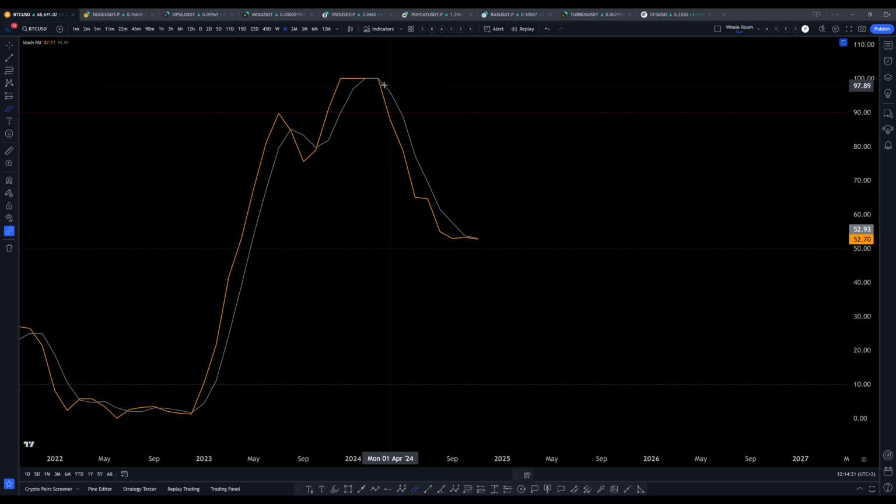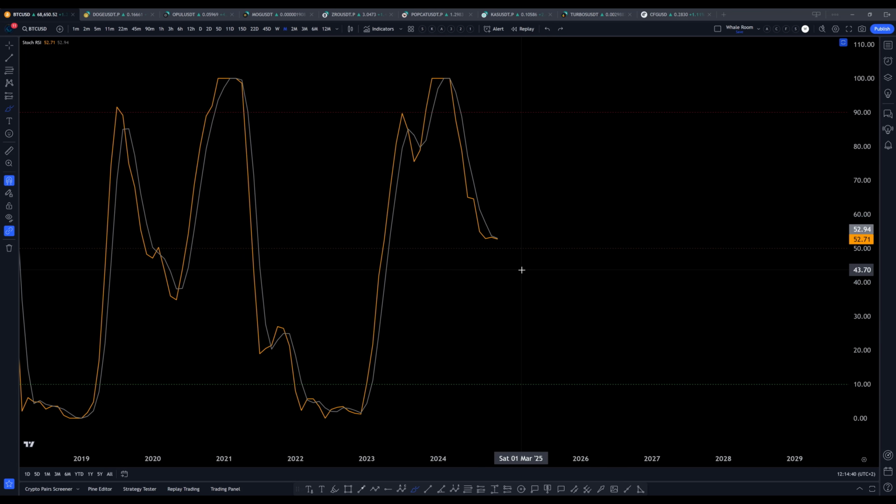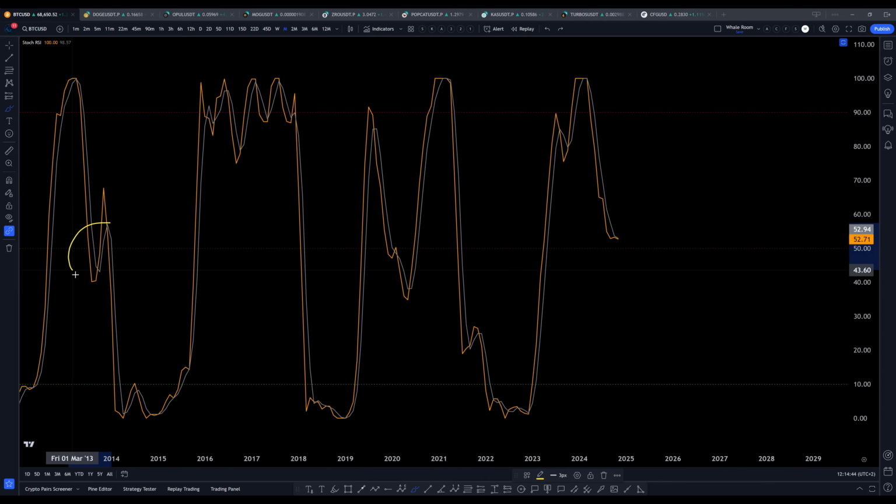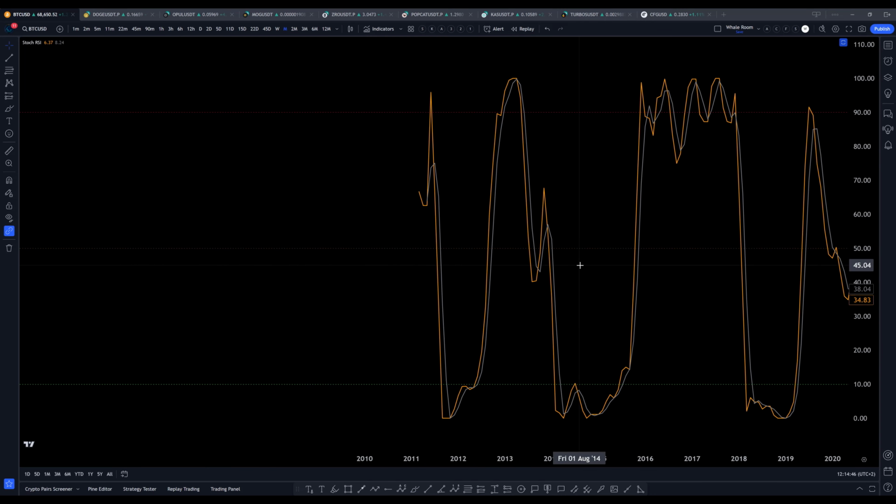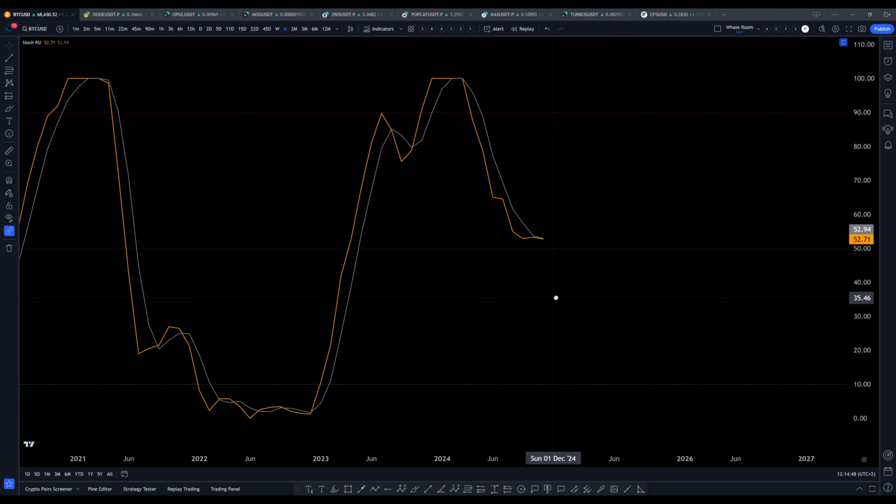I spoke about this. Let the stochastic RSI come down and maybe around the 50 area, 54, 55, 50. Is a range between 55 and 45, right? Around these areas, usually we can see that there are some points of interest around the 50s on the 1 month.